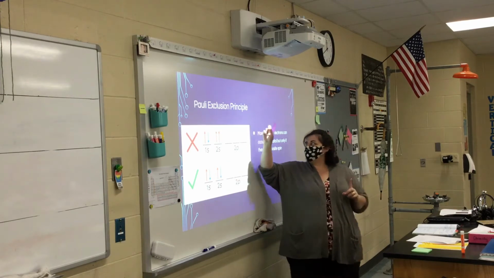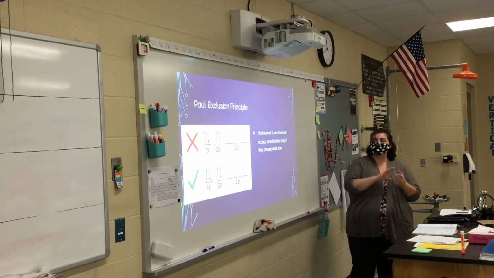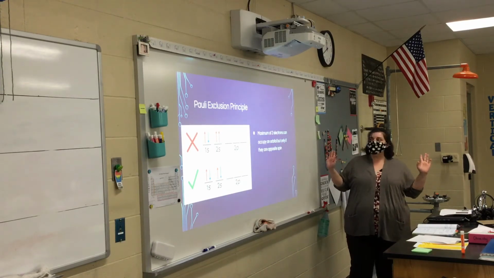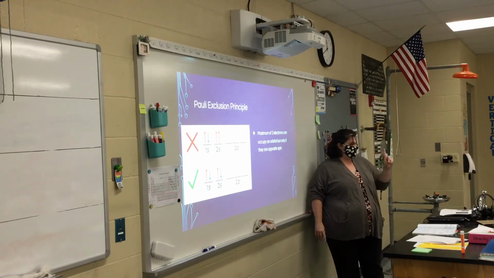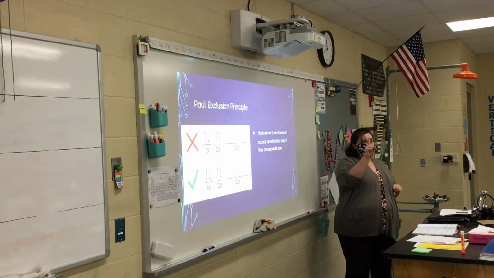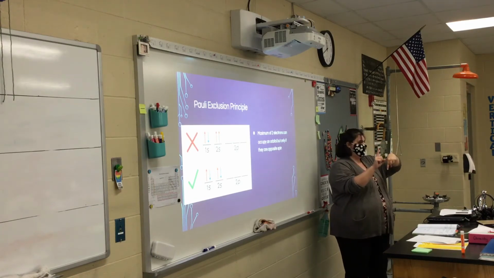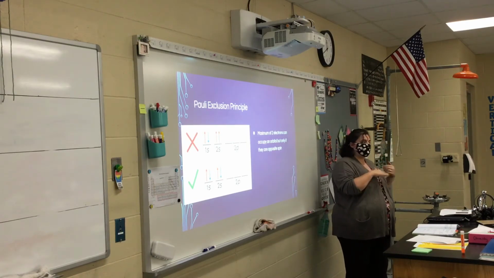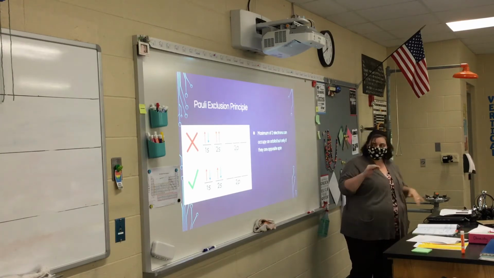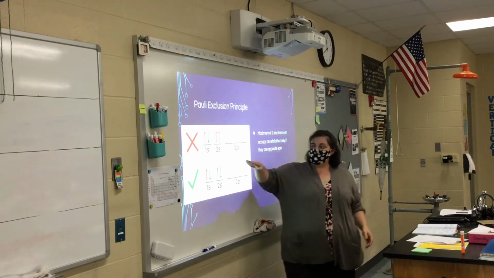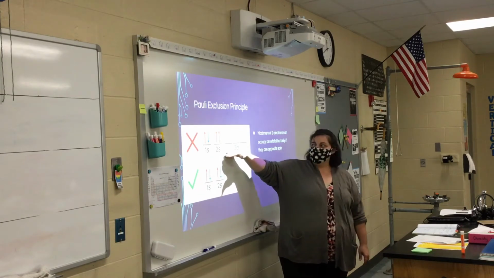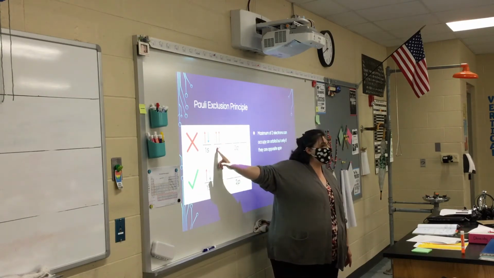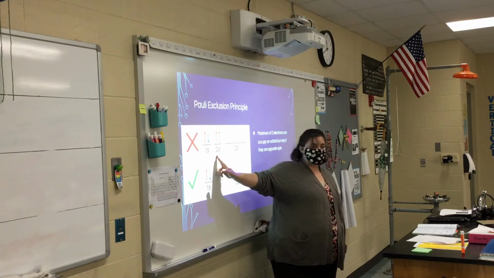But I want you to see, Pauli's exclusion principle tells us that you can have a maximum of 2 electrons in every atomic orbital as long as they are opposite in spin. Opposite in spin means 1 up with 1 down. You can't have 2 up, you can't have 2 down, not in the same atomic orbital. So if we're looking at this top example here, what's the problem? They're the same. You have 2 arrows that are up into S, and that's not possible.